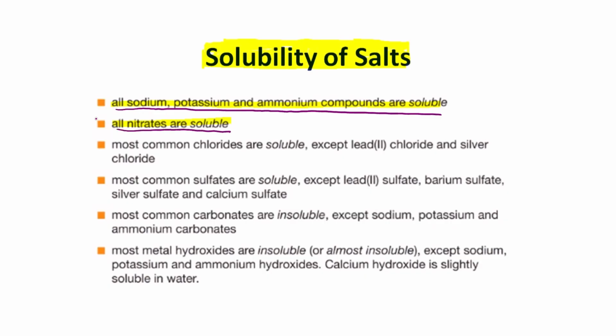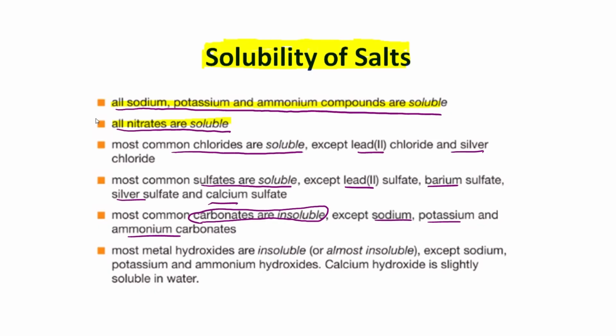All nitrates are soluble. Most common chlorides are soluble except lead and silver chlorides. Most common sulfates are soluble except lead, barium, silver and calcium sulfates. Most common carbonates are insoluble, except sodium, potassium and ammonium carbonates. So carbonates are insoluble but sulfates are soluble.